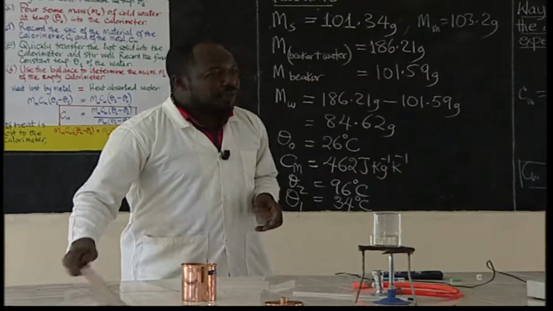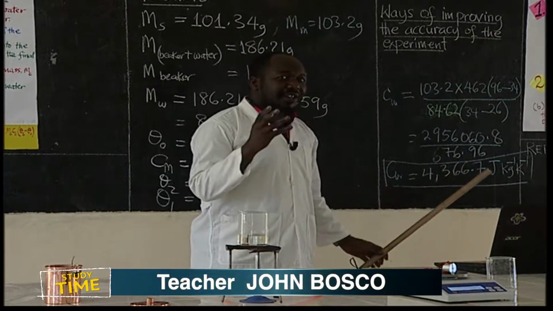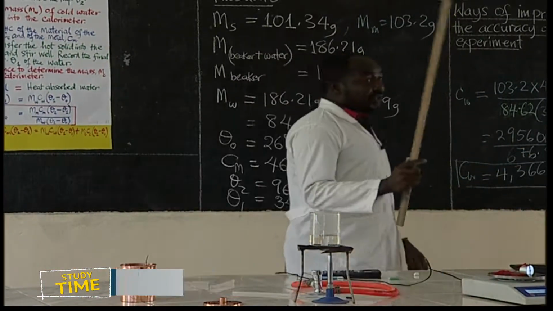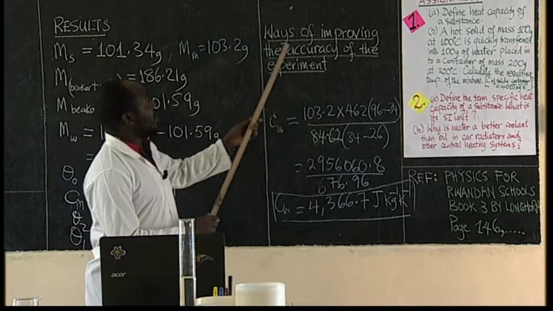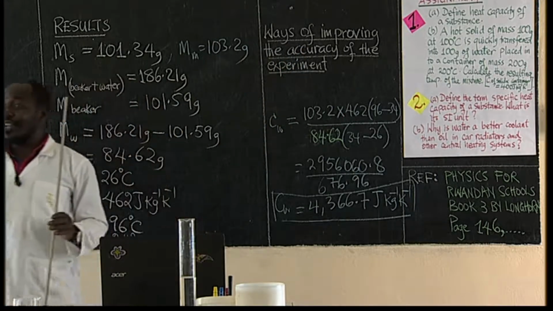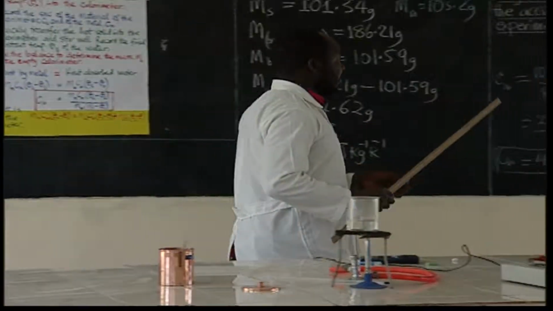But from our experiment, we have got 4,300. Isn't that very close? Yes. There are reasons for this, which is what we are going to discuss next time, about ways of improving the accuracy of the experiment, so that we can explain why we don't get 4,200.